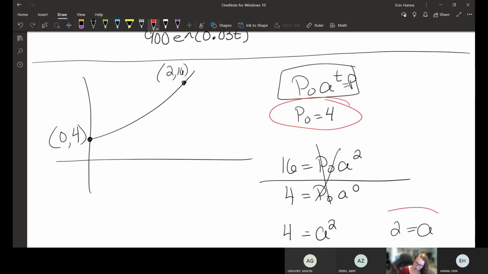Now that you have your P naught and your a, you can write your equation. So we'll have 4 times 2. Let me double check your past attempts, because, no wait, you have an x. Never mind. Some people were using t's and that's what was throwing it off.